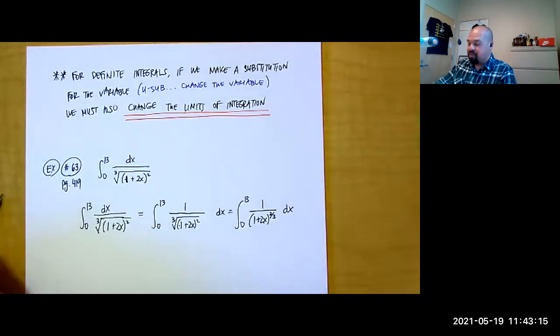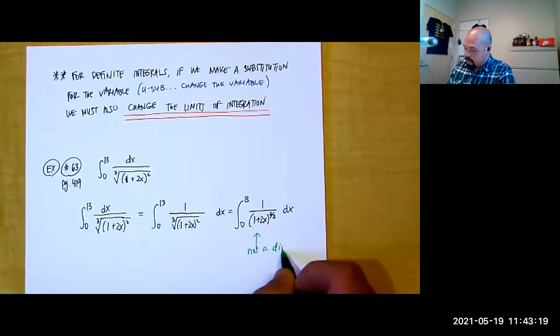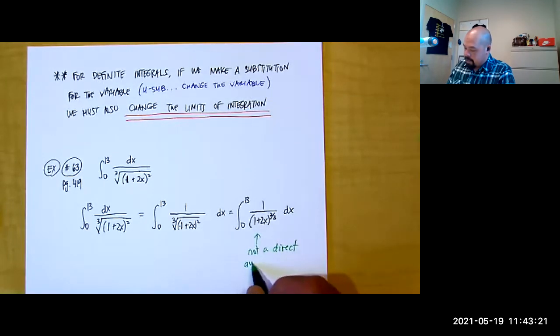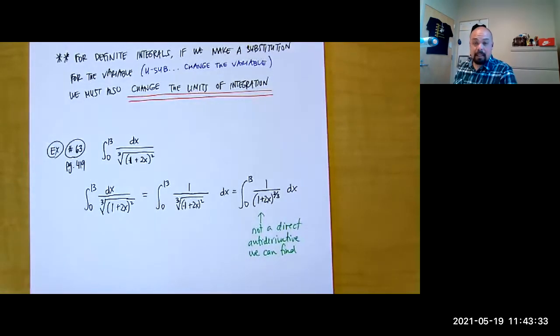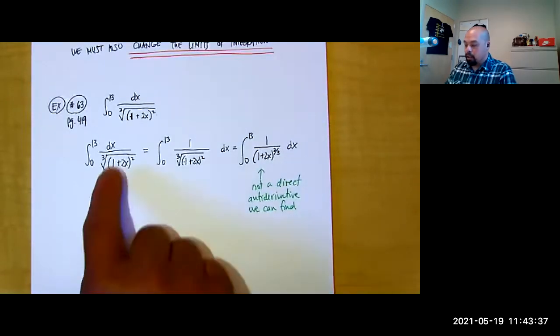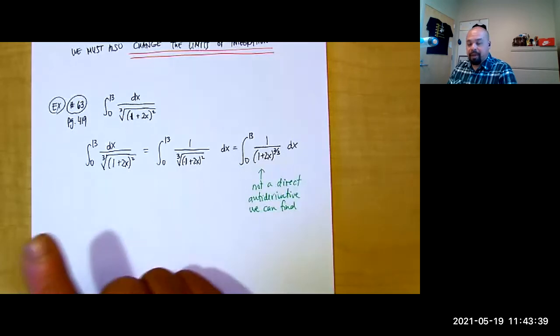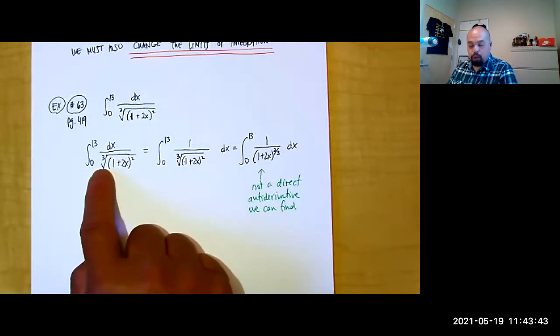So in this case, this is not a direct antiderivative we can find. It's not a simple power rule. It's not one of those on our list. So let's start to look at these expressions, right? Well, definitely we have something going on inside of that cube root.